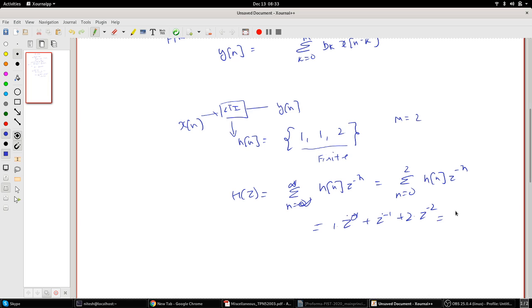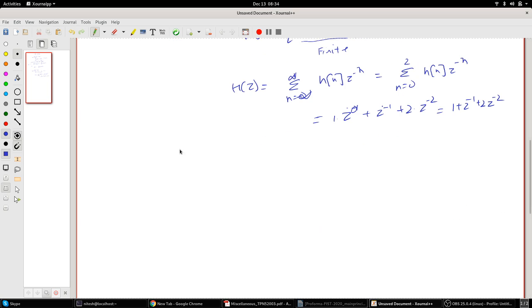So what you get here is 1 plus z inverse plus 2 z raised to minus 2. Now y of z I know is equal to x of z into h of z. So I get x of z into 1 plus z raised to minus 1 plus 2 into z raised to minus 2.